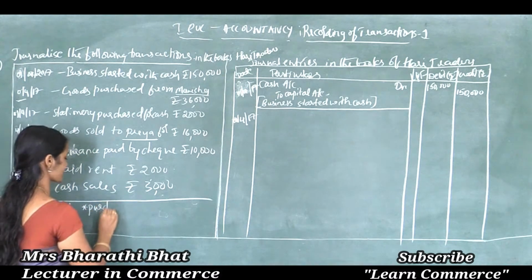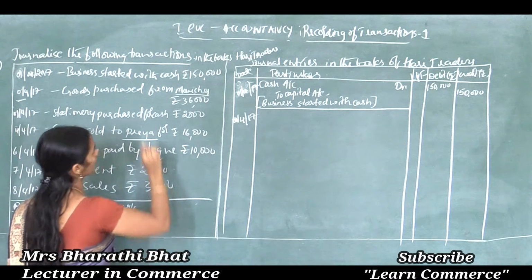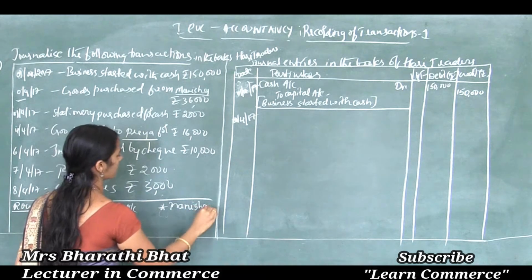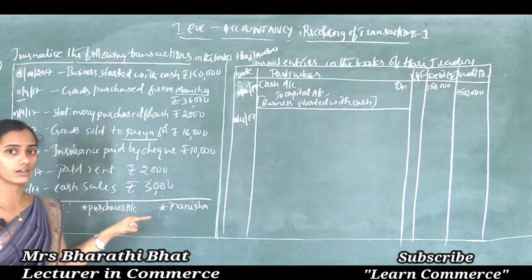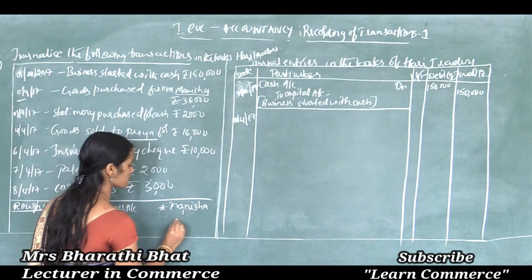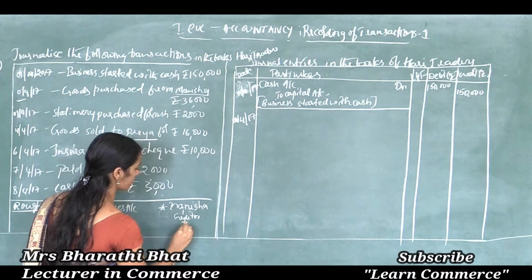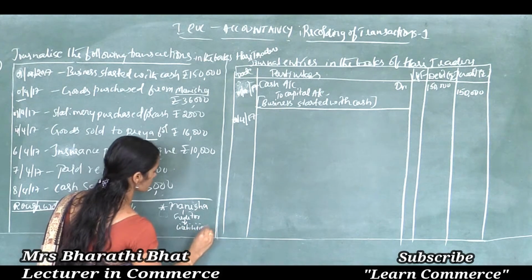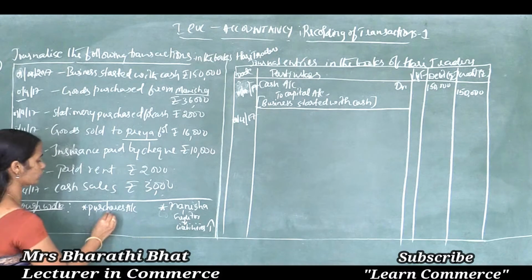So purchases account, and one more, Manisha, because she is considered as a creditor for the organization. Creditor comes under liabilities. Whether liability shows increased value or decreased value. Here it shows increased value.